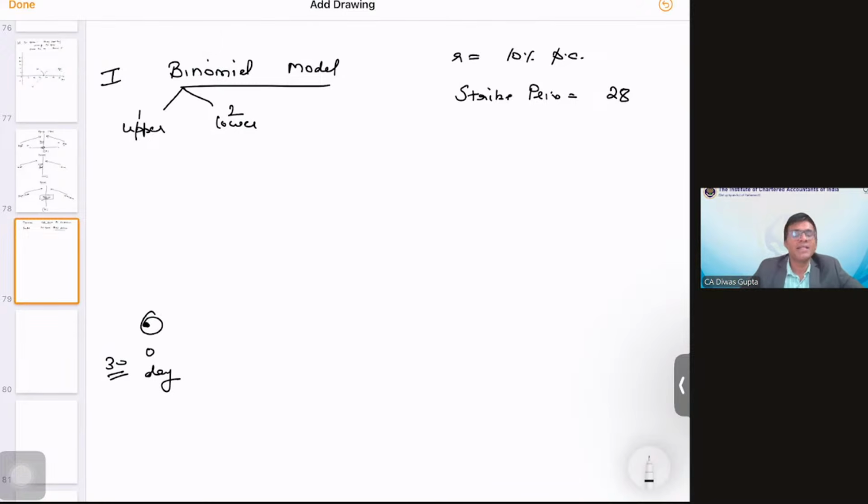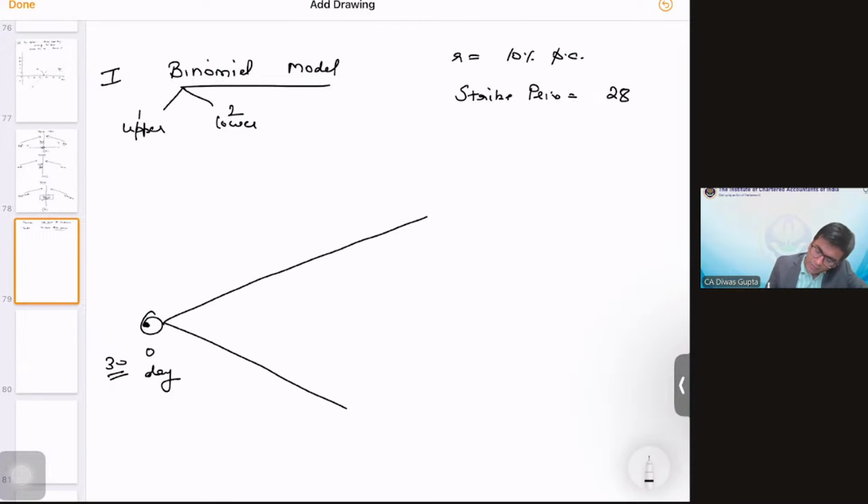Take a time period to expiry of 3 months. This approach assumes that there are only two possibilities. After 3 months, either the price will go up by 10% or it will go down by 10%. So 30 plus 10% of 30 is 33, and 30 minus 10% of 30 is 27.